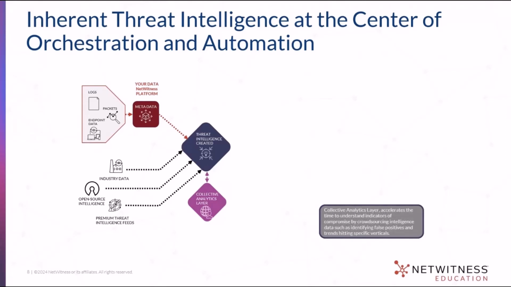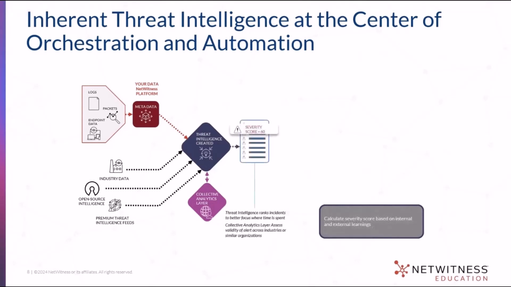The collective analytics layer accelerates the time to understand the threat and organizes all the data that has been received using the indicators of compromise by grouping that data and identifying what is a false positive threat and what is the real threat.